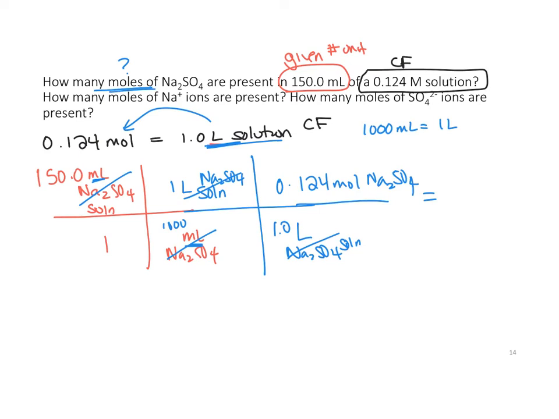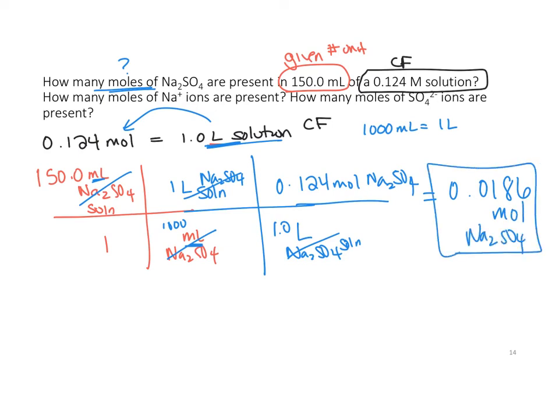So 150 divided by 1,000 times 0.124, 0.0186 mole of sodium sulfate. That's how many moles of sodium sulfate are present in that solution.